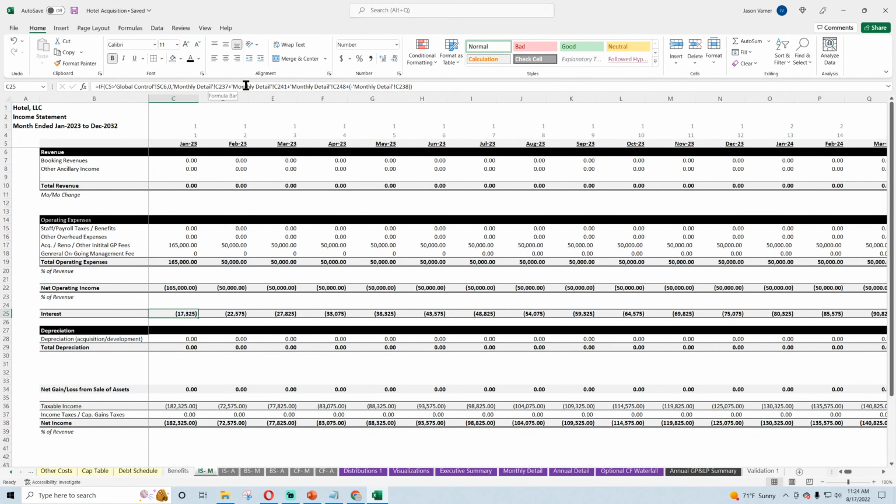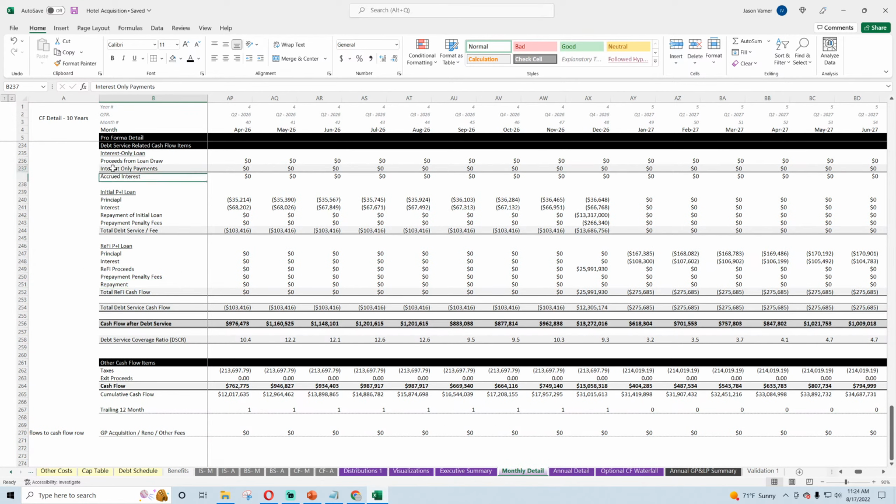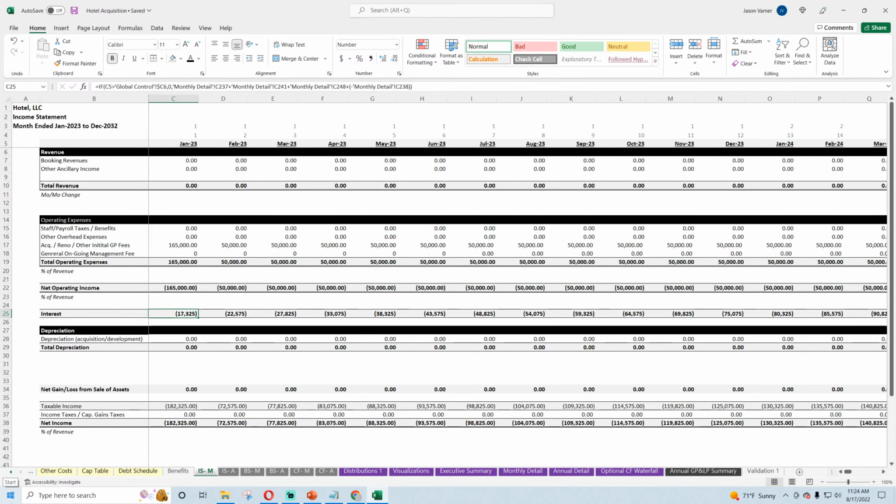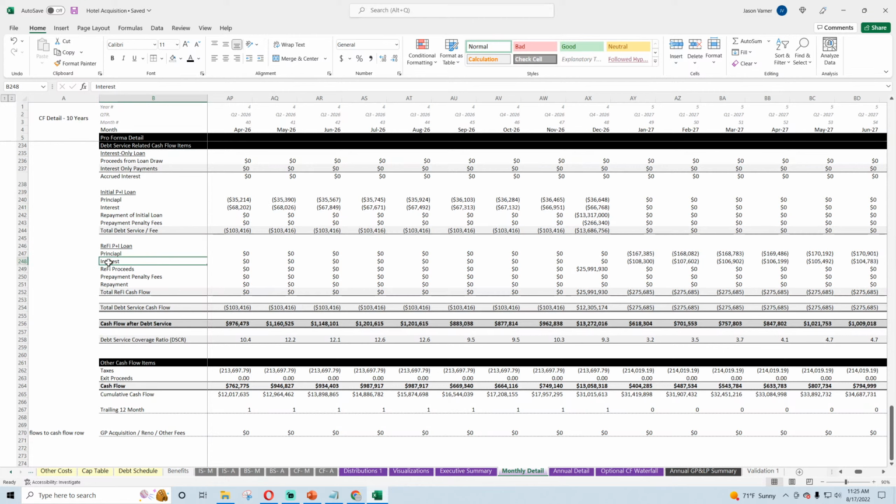So if we go 237, 41, 48, 38, 37, 41, 37, 41, 3741, and then 4838. Nope, those are just accrued interest. So it looks like the income statement was not accounting for these.